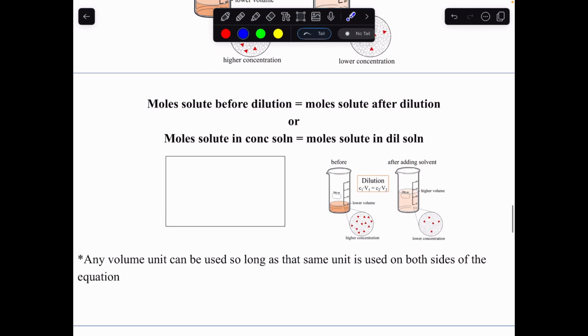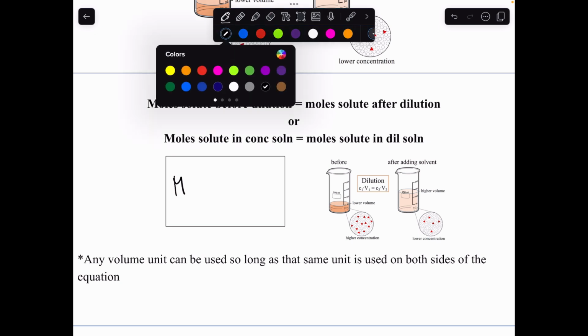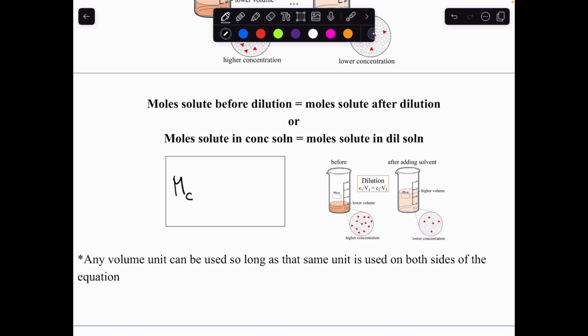So the way we can look at this in terms of a mathematical equation is that the molarity of the concentrated solution times the volume of the concentrated solution will equal the molarity of the diluted solution times the volume of the diluted solution.